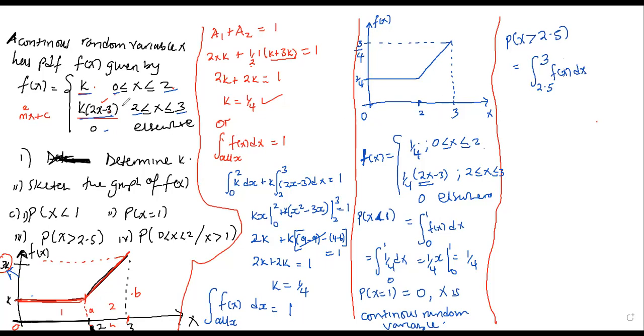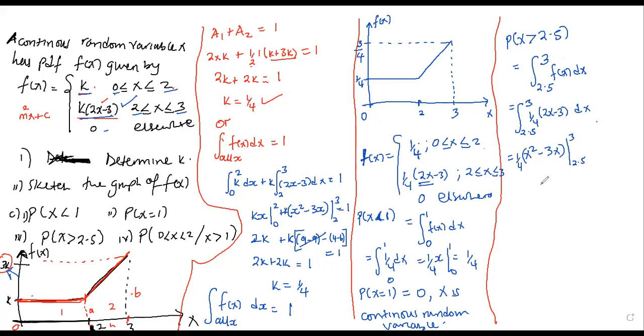And that function existing along that line is the one for the integral of 2.5 to 3 of a quarter into 2x minus 3. That's where 2.5 and 3 lie. When you integrate, we shall have x squared minus 3x from 2.5 to 3, with a quarter outside.